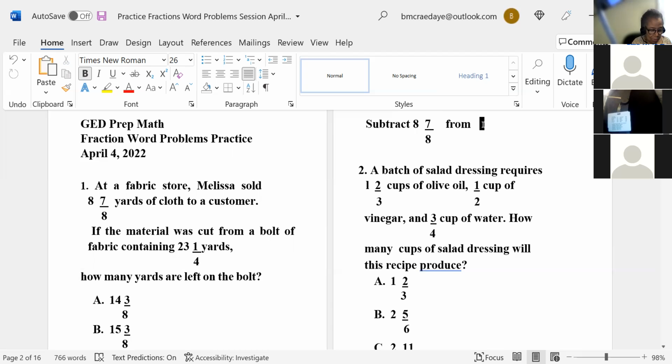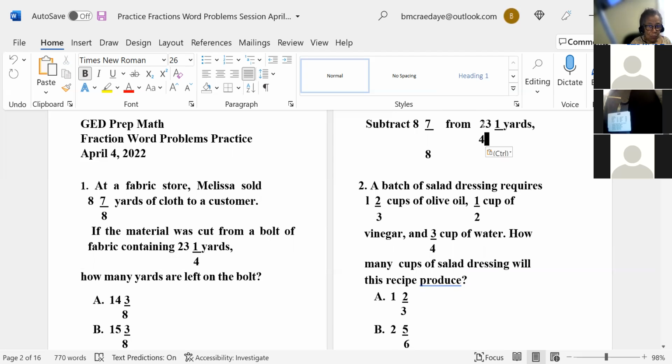Now I'm asking you, Mercedes, what do you have to do first for this to happen? Okay, first you're going to have to change the denominator 4 to 8. That's not the first thing you do. The first thing you're going to subtract 8 from 23.